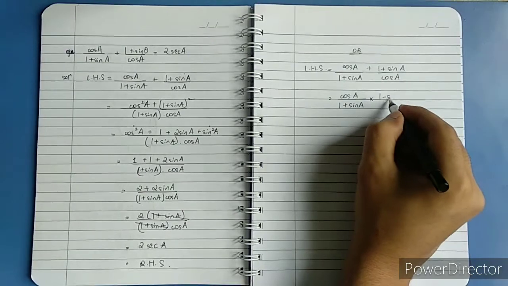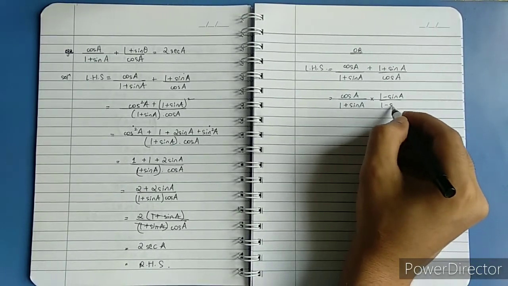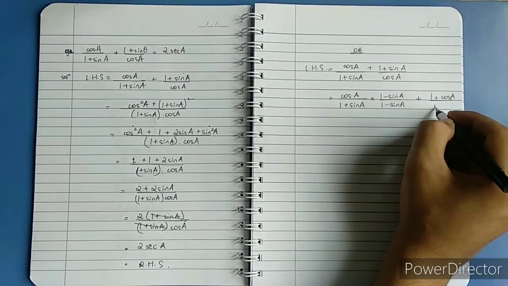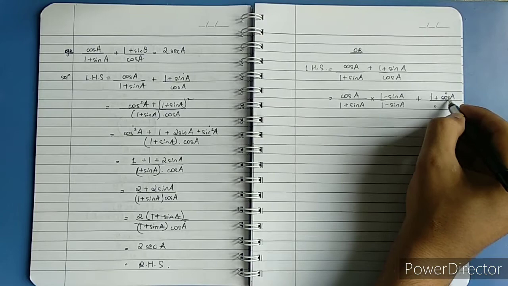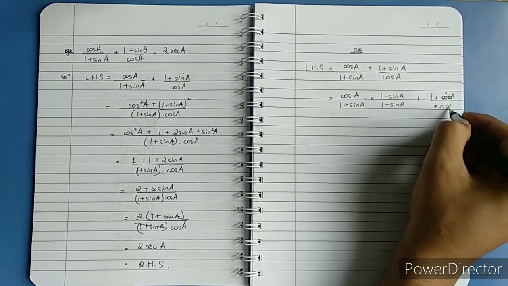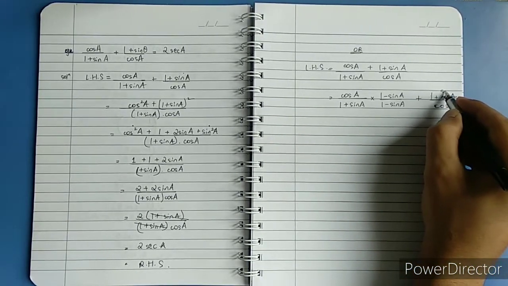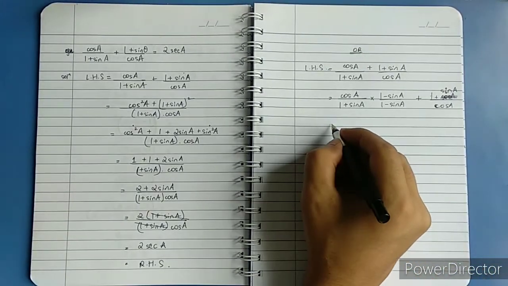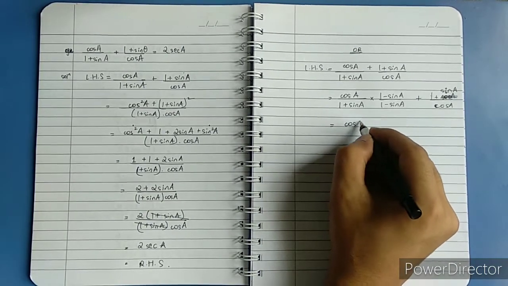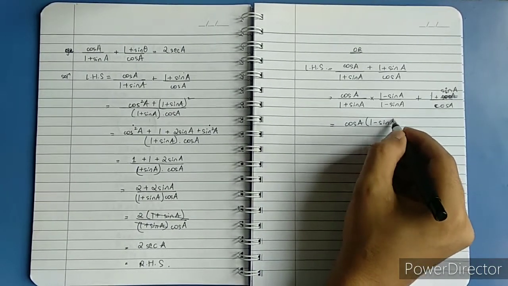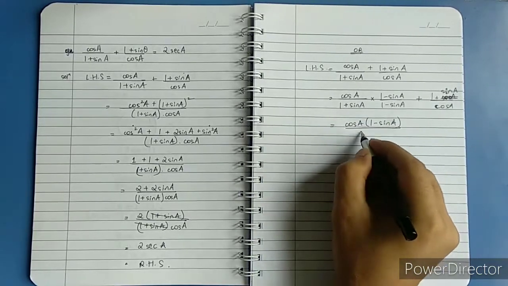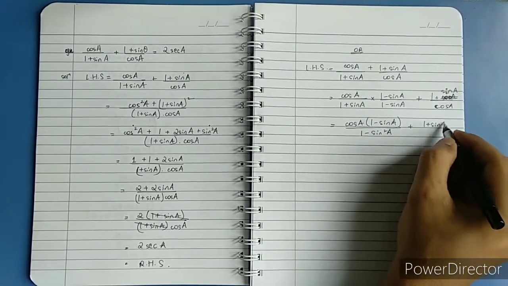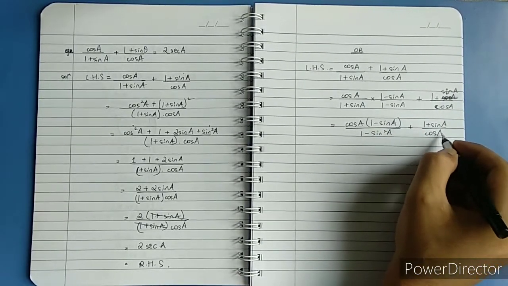So if we multiply and divide with 1 minus sin A, plus 1 plus cos A by 1 plus sin A by cos A, this is sin A by cos A. So this is equals to cos A in brackets 1 minus sin A by 1 plus sin A into 1 minus sin A is 1 minus sin square A plus 1 plus sin A by cos A.